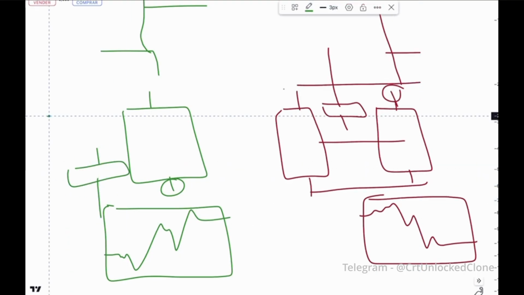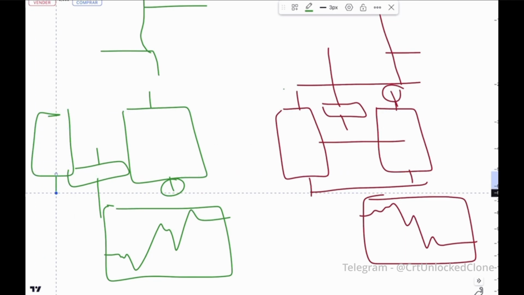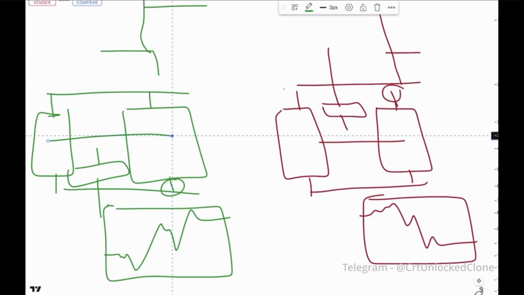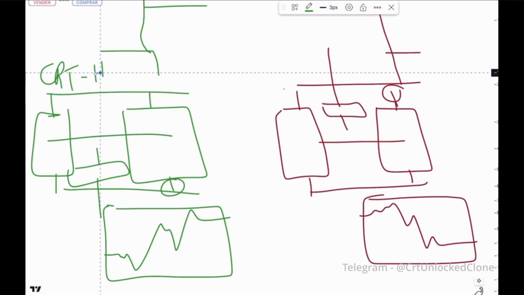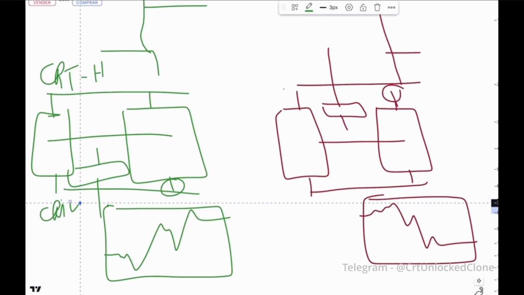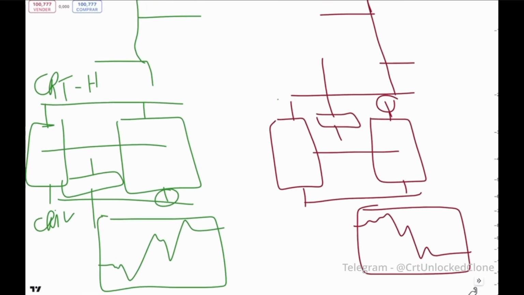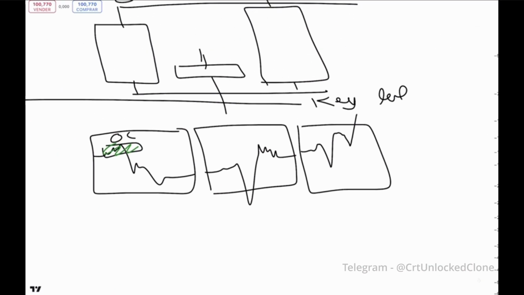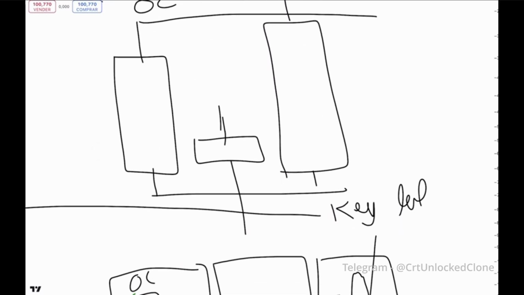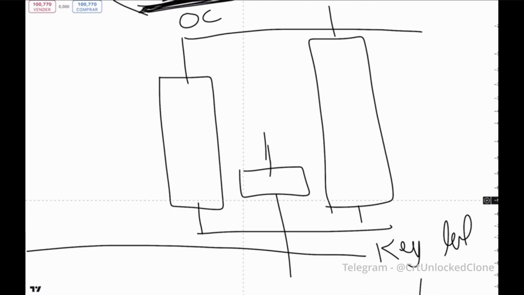Buy below the open of 3 only after you see a strong rejection and manipulation of candle number 2, targeting 50% and the high of candle number 1, right? CRT high, CRT low, and vice versa. Again, this could be a 159, right?